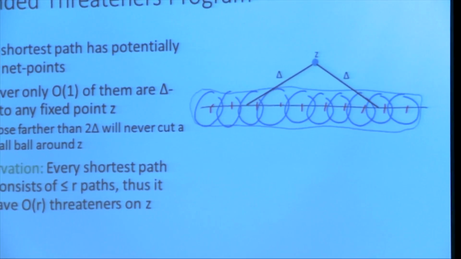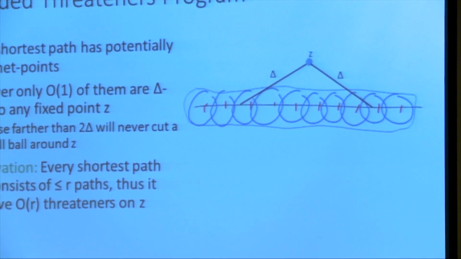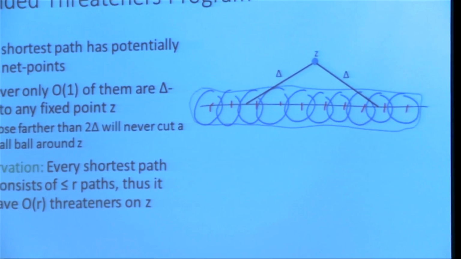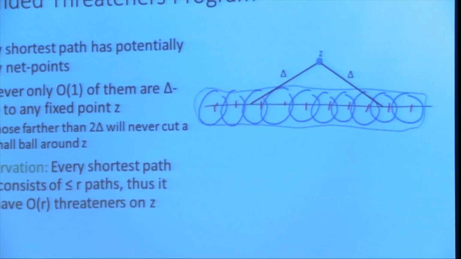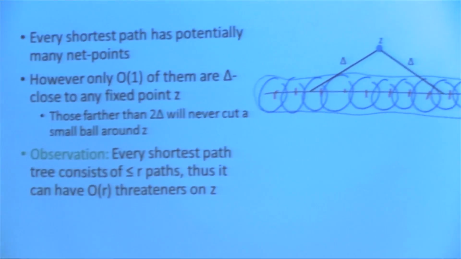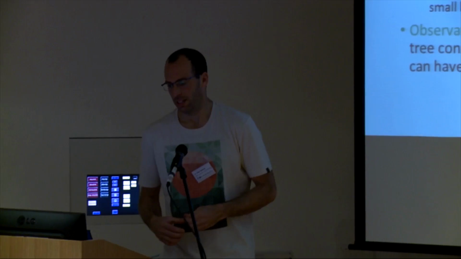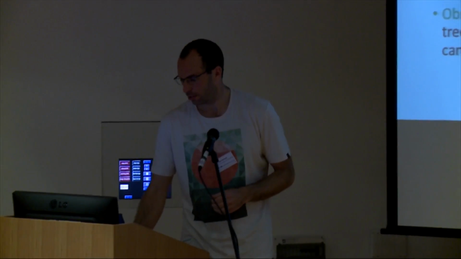So it means that every shortest path tree cannot have many threateners to z. So this is very good, only r threateners. Potentially this can even give you a factor which is logarithmic in r, because we can suffer 2 to the b threateners.